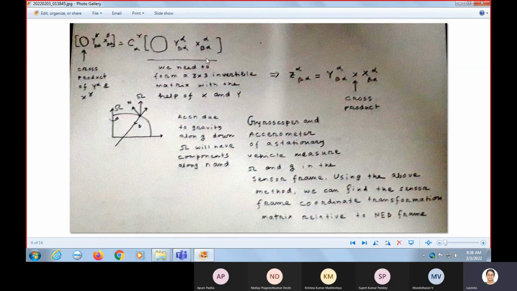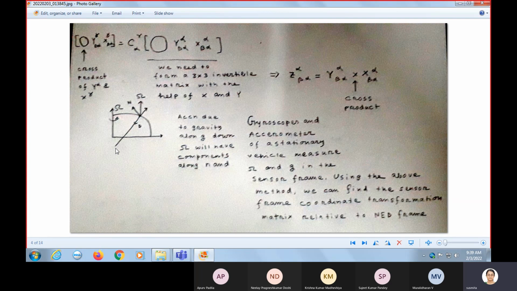So we can have this result in the body frame also, and then using this approach straight away we can get the body frame to local navigation frame transformation matrix.